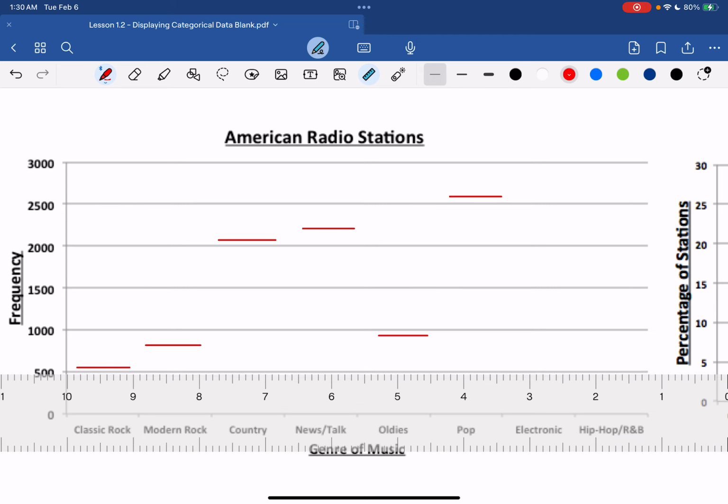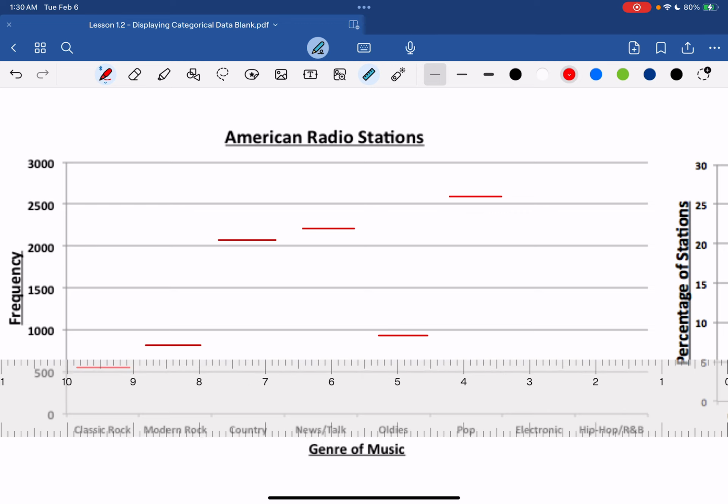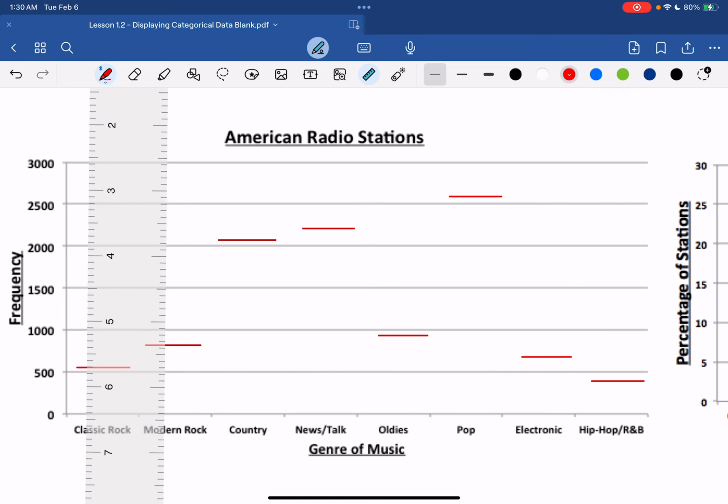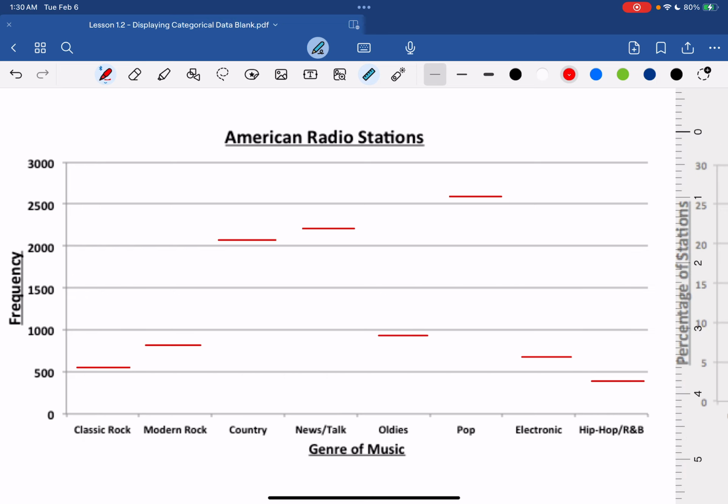Electronic is 626. 450 for hip hop and R&B. So then I'll take my ruler and I'll finish off all these bars. My digital writing tool snaps these out real nice. The expectation for any of this work that you're doing is it is drawn using a ruler every time.